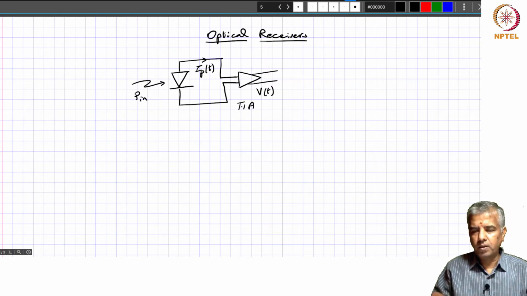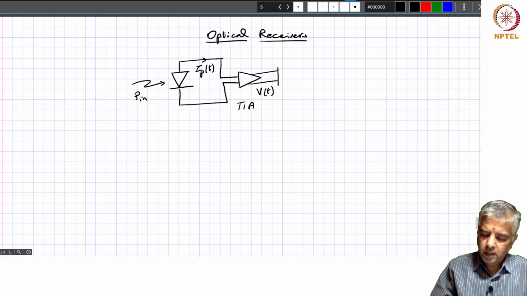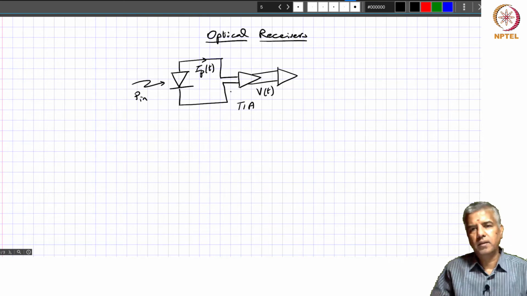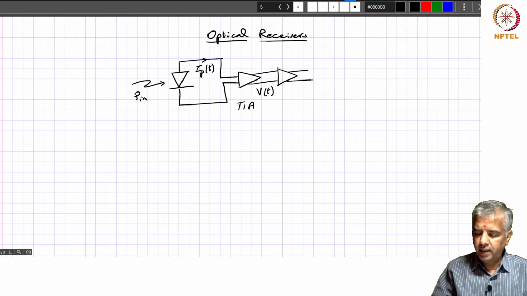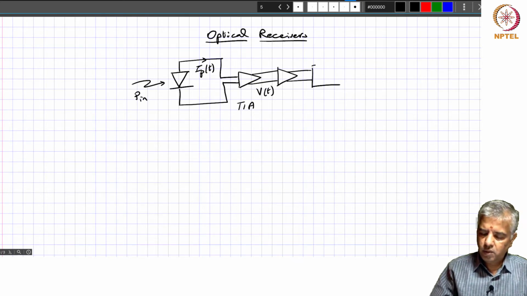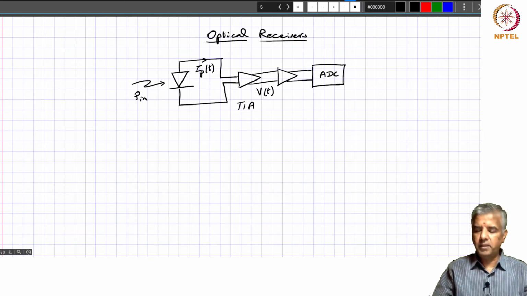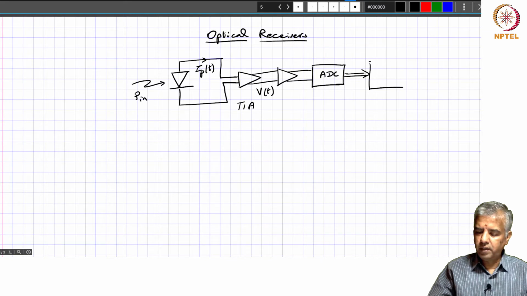Okay, so this output voltage now needs to possibly be amplified further, and then that amplified voltage is taken out, and then you have what is called this analog to digital converter, which generates your digital samples, and then those digital samples will finally be fed into a data acquisition unit.